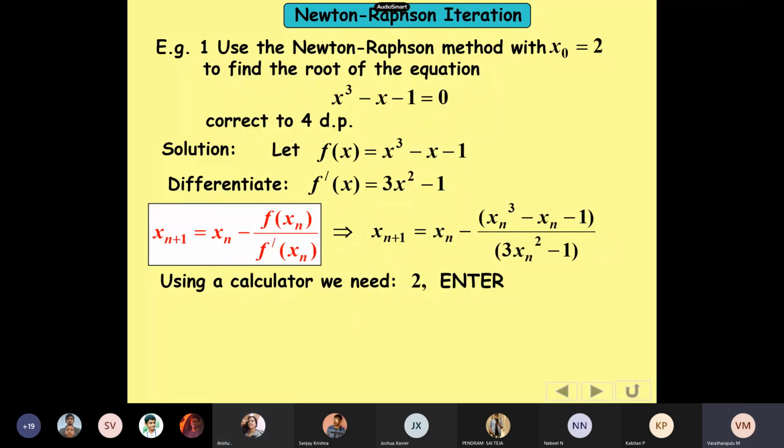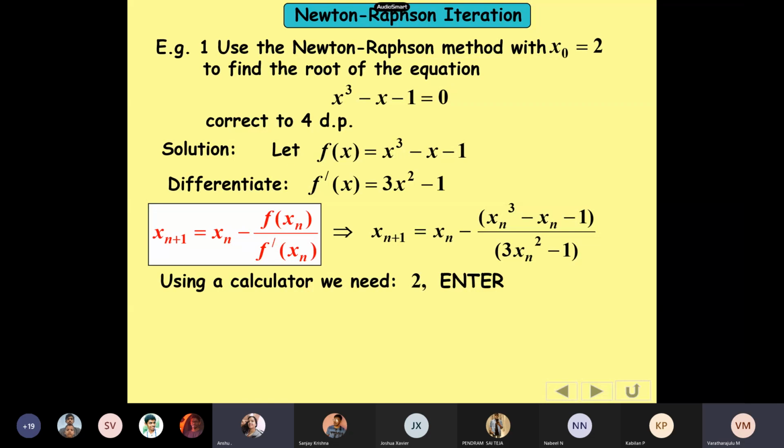Okay, which type of calculator do you have? Today I bought the 991 MS. At present, which calculator do you have? The 82 MS. No issues, you can solve with the 82 MS. I'll tell you. Enter 2 and give equal to. Okay, sir, done.